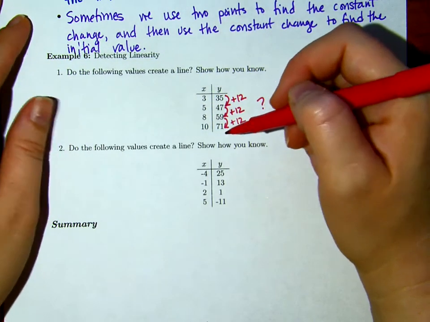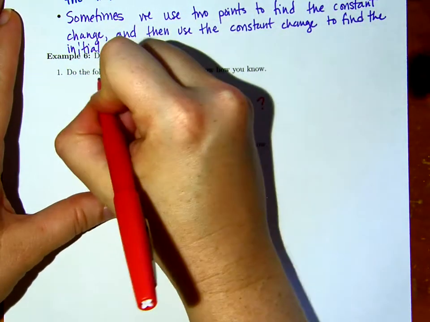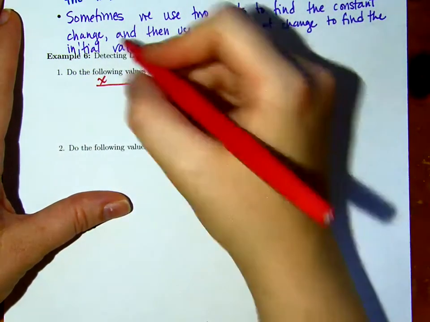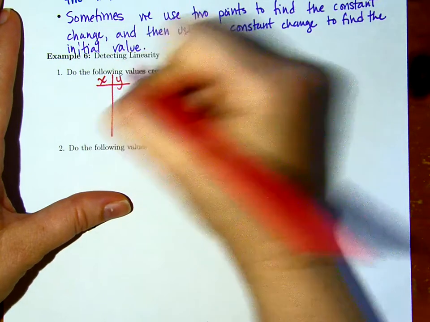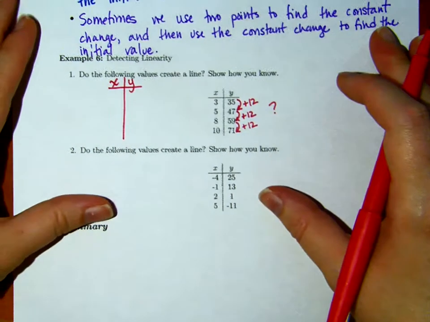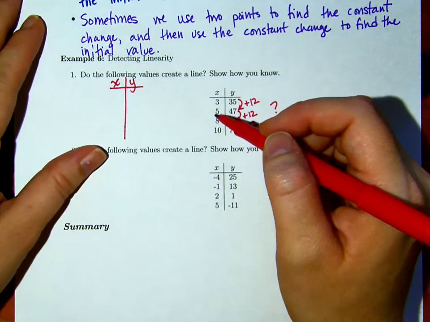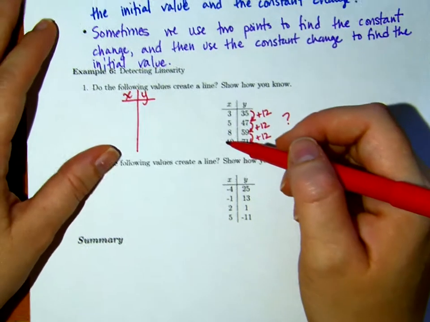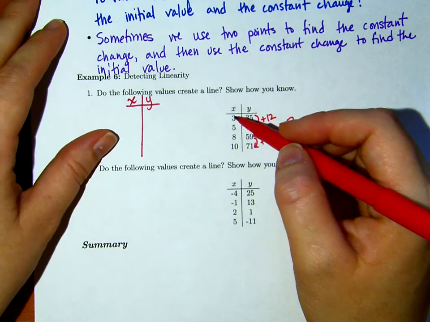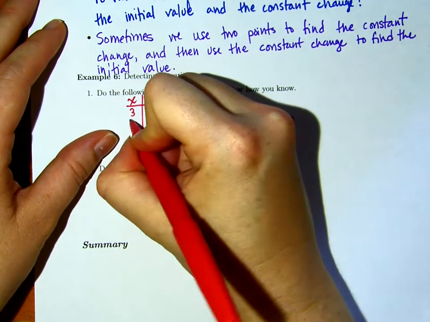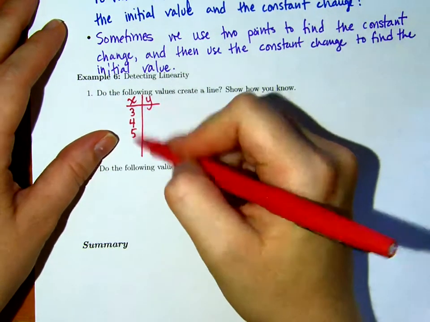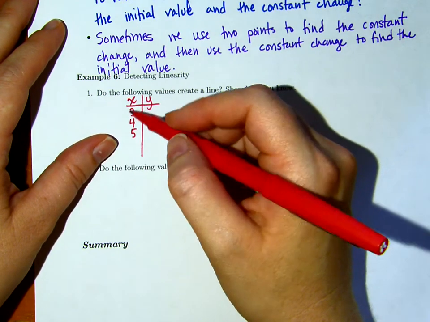So I'm going to go ahead and build another table of values. I'm going to start it at 3 instead of starting it at 0, even though that's against my intuition. But I'm going to start at 3, and I'm going to count by ones like we're used to.